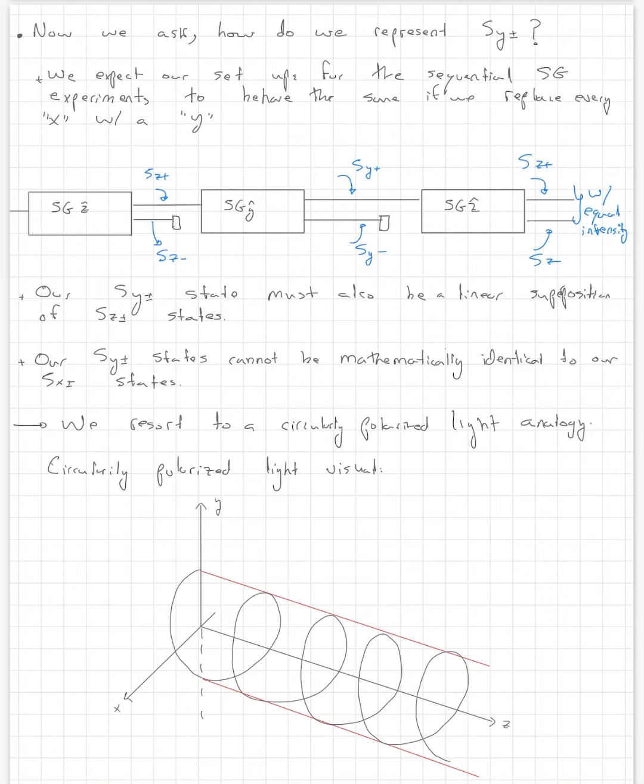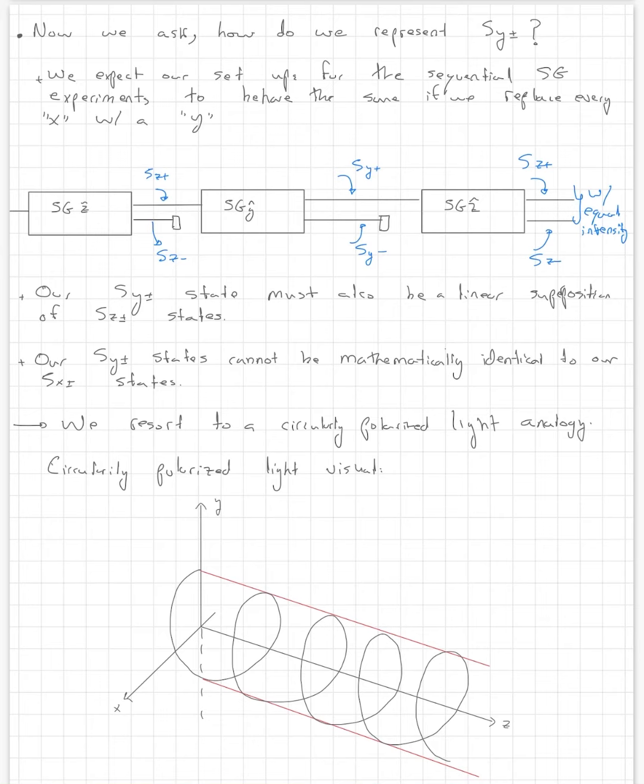So we have our experiment over here, and all we did was replace the SGX device with an SGY device. And here we have a spin up Y component and a spin down Y component. And then we carry out the same experiment and we should get the same output of SZ plus and SZ minus with equal intensities.